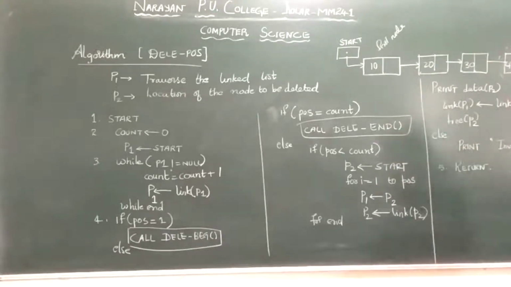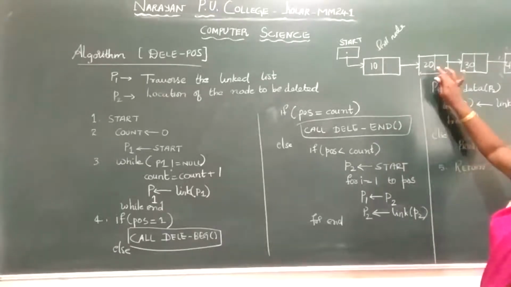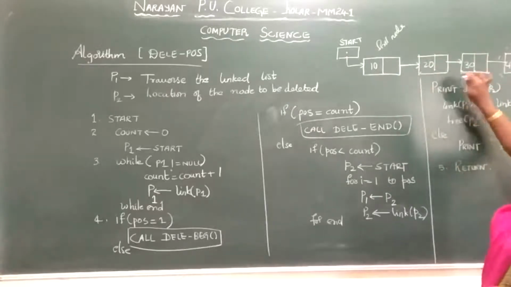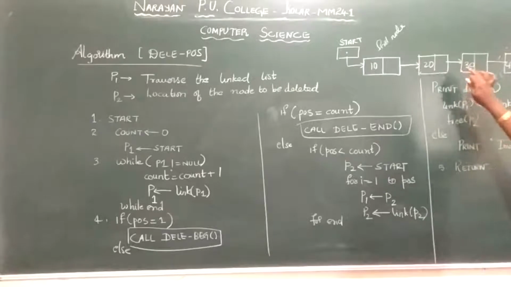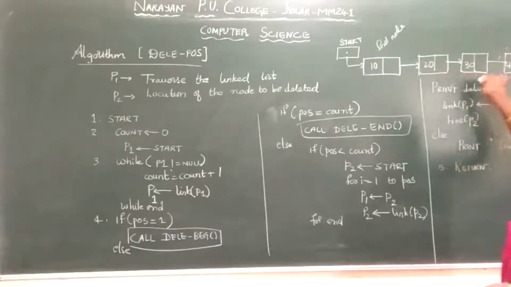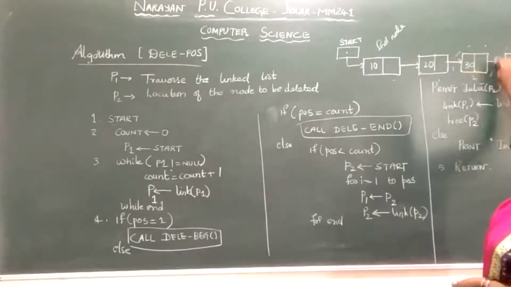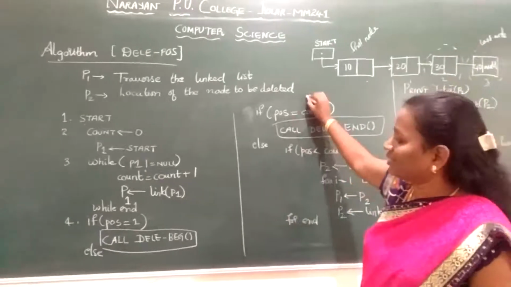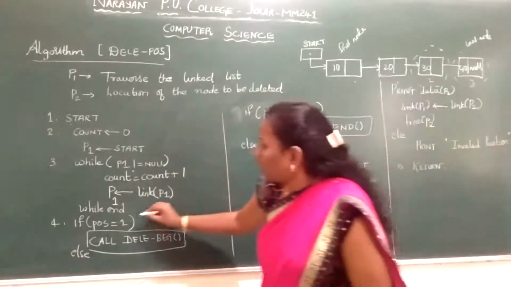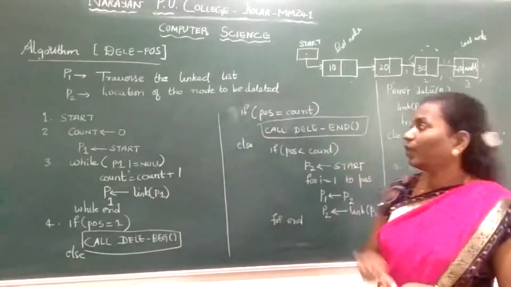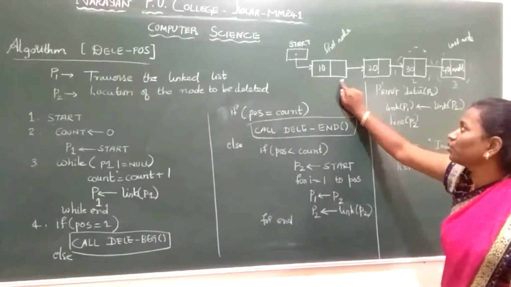Now I want to delete an element at a given position, 0, 1, 2, 3. Imagine I want to delete 30. Students, just listen here. If position is equal to 1, I call delete at the beginning.